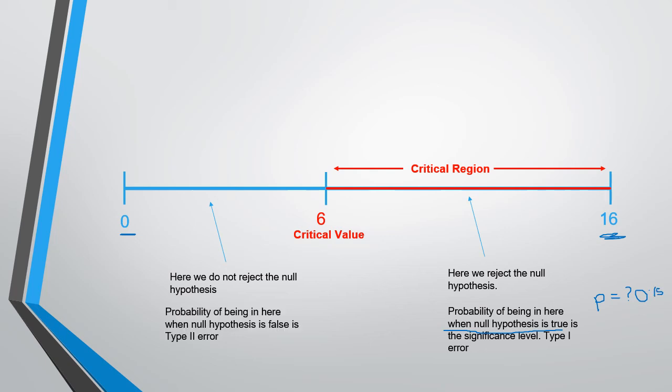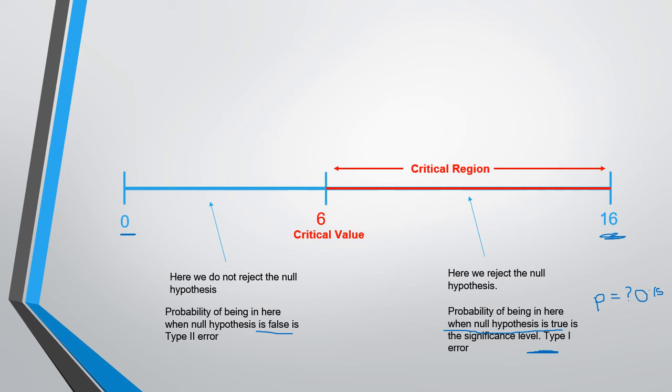On the other side, the probability of being in this area when the null hypothesis is false is called a type 2 error. Now then, let me just go through what both of these mean in terms of this context. If I go back to this first one here, type 1 error.